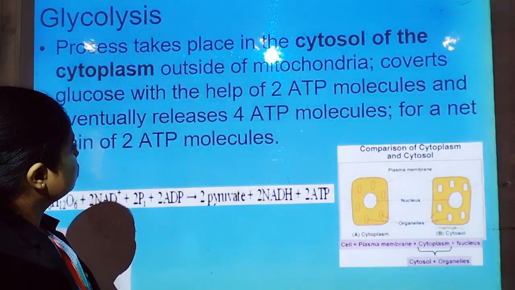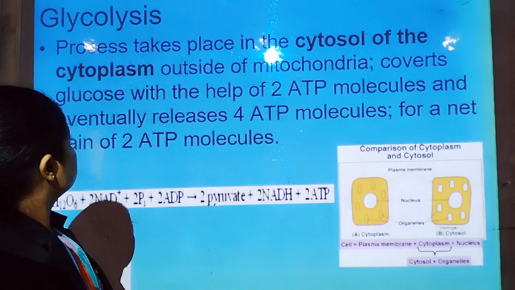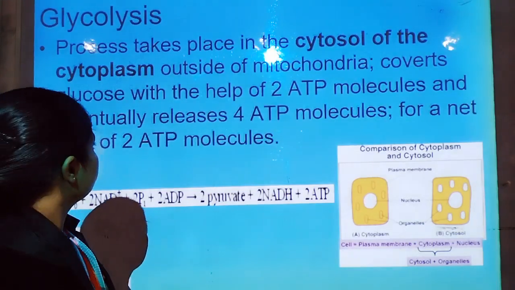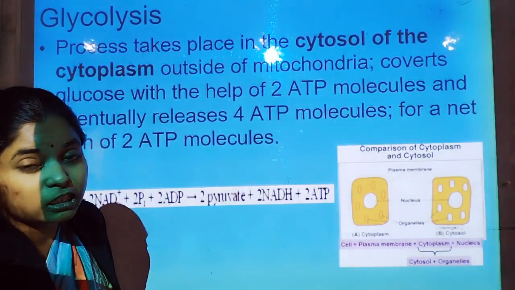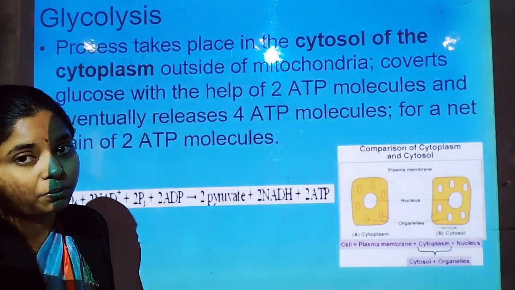Here, glucose with the help of 2 ATP molecules eventually releases 4 ATP molecules, for a net gain of 2 ATP molecules.